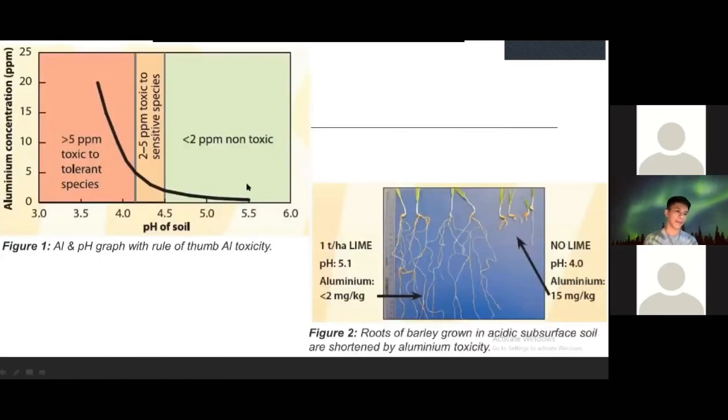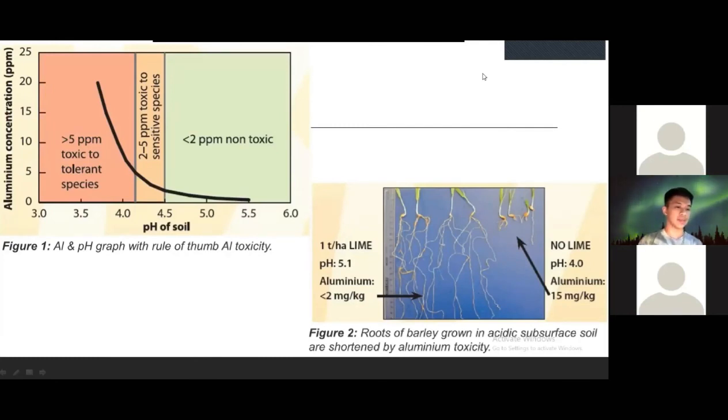Figure 1. As the soil pH drops, the aluminum concentration increases.